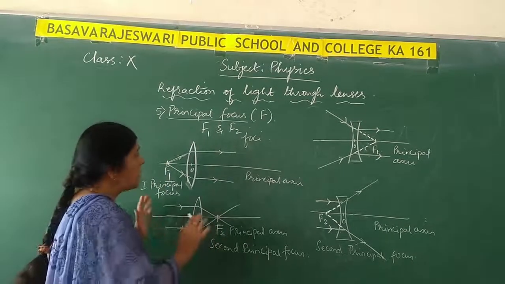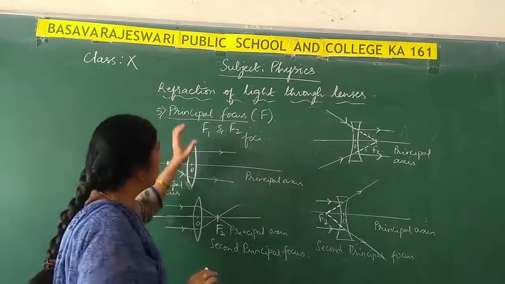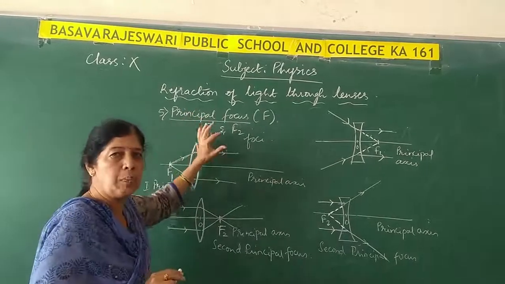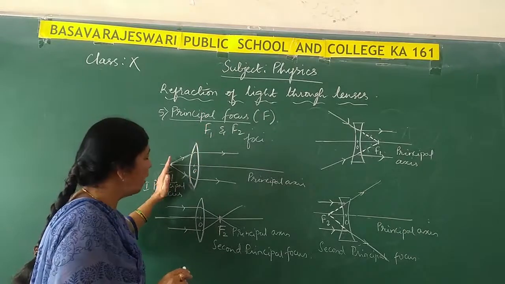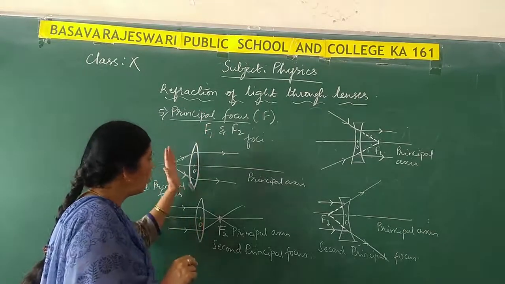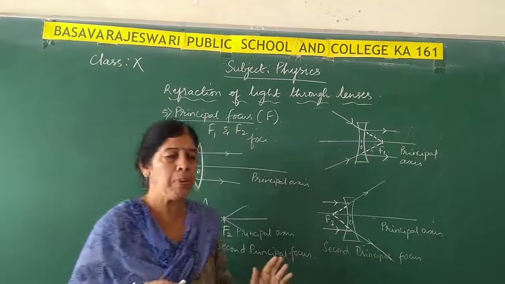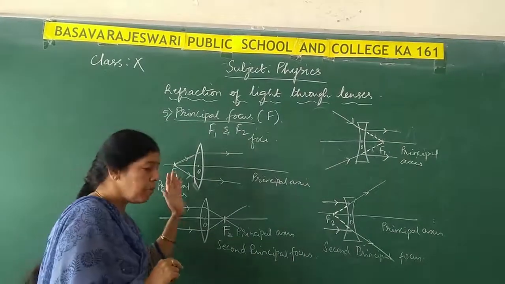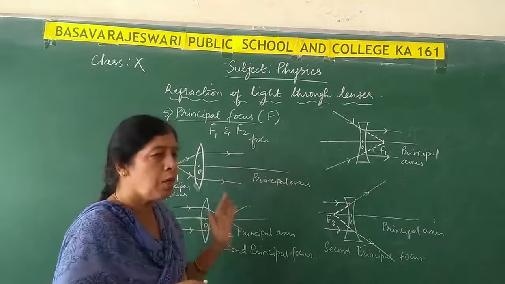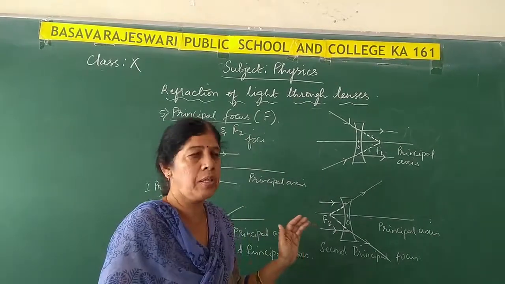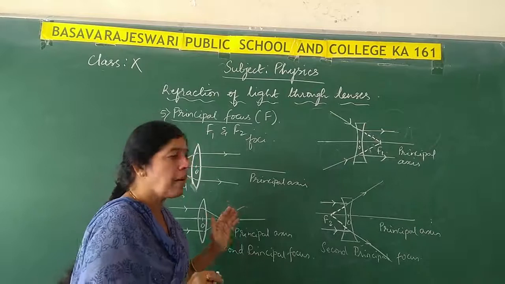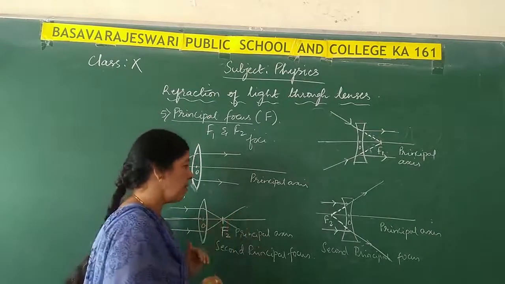So basically there will be 2 principal foci, F1 and F2, for both convex lens and concave lens. The ray diagrams will be different, and whenever you draw ray diagrams, don't forget to write the arrowhead. The arrowhead will indicate the direction in which the light ray is traveling.